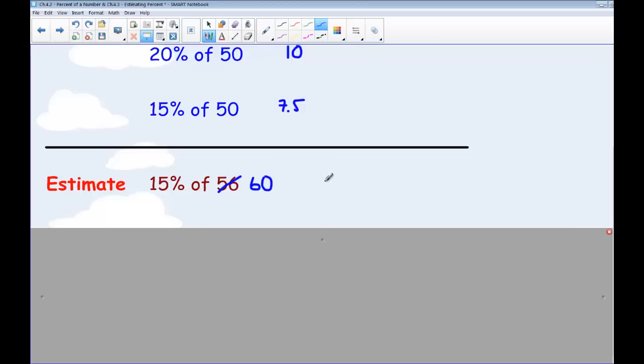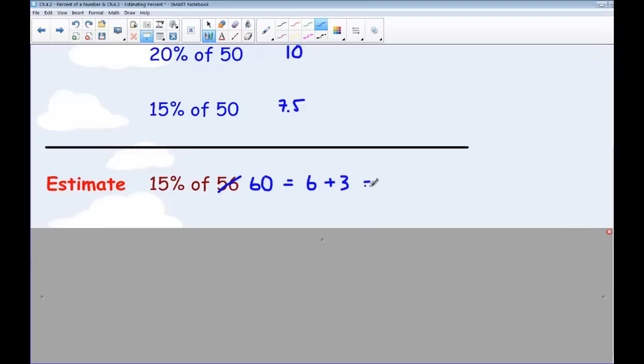Okay. So if we took 10% in our head of 60, that would then be 6. We want 5% more, which therefore must be half of 6. So we'll add half of 6, which is 3.